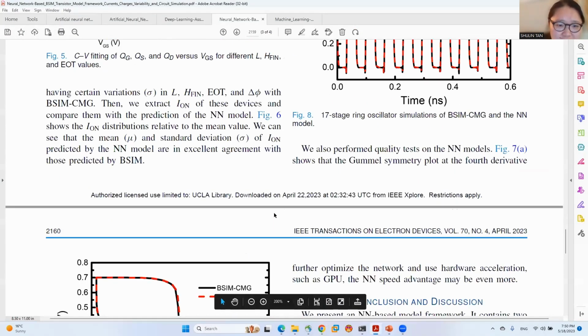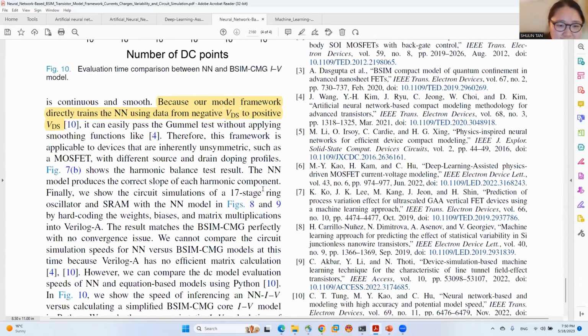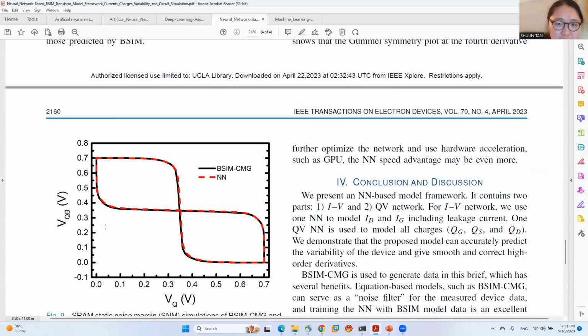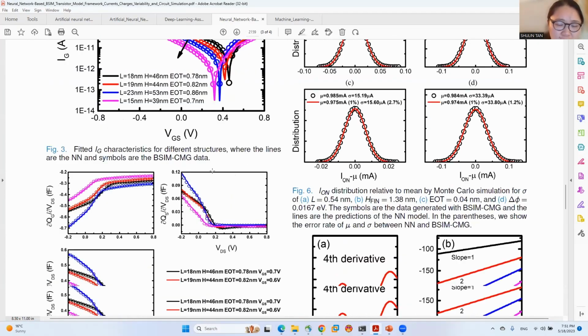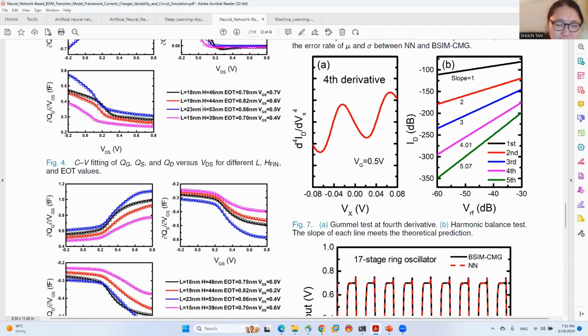In this paper they just have one line talking about that figure, Figure 8, saying that they hard-code the weight, bias, and matrix multiplications into Verilog-A. I don't know Verilog-A, but from my understanding of how amplifiers and oscillators are modeled, they probably incorporate the calculated GM, which is the derivative.